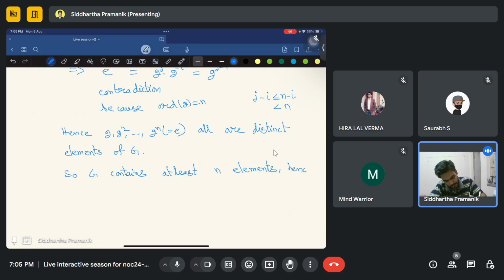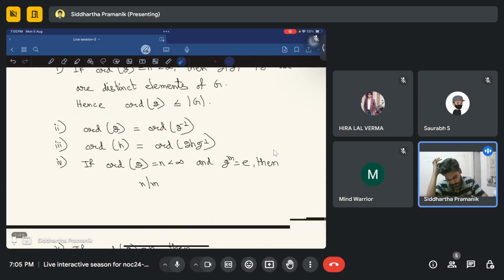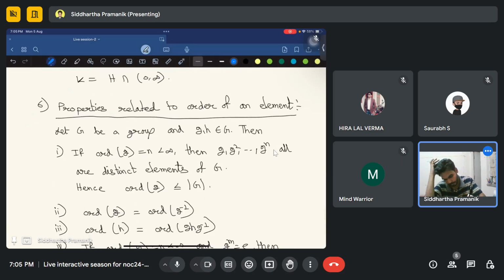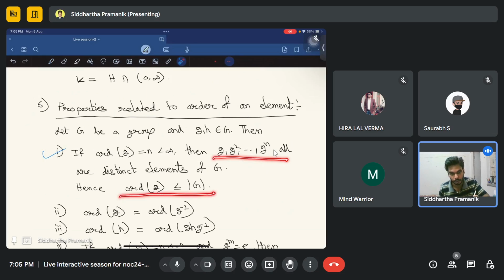So this means order of G is greater than or equal to n, and this is the same as order of g. So the first one is clear. So all are distinct elements and this relation holds.